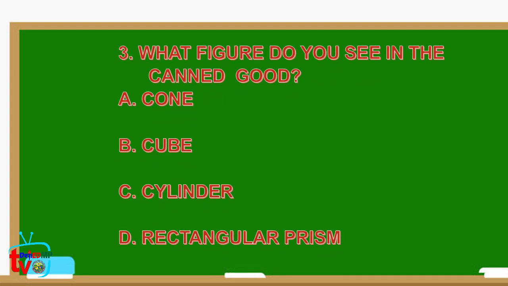Number 3. What figure do you see in the canned good? A. Cone. B. Cube. C. Cylinder. D. Rectangular prism.